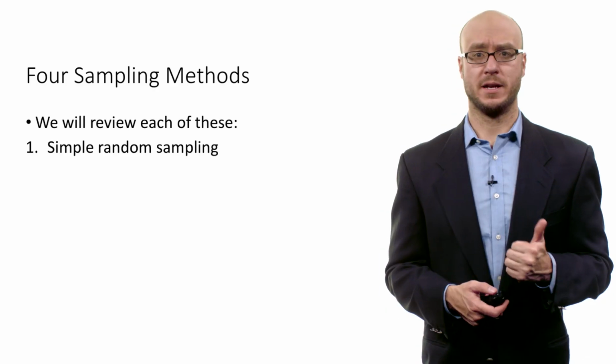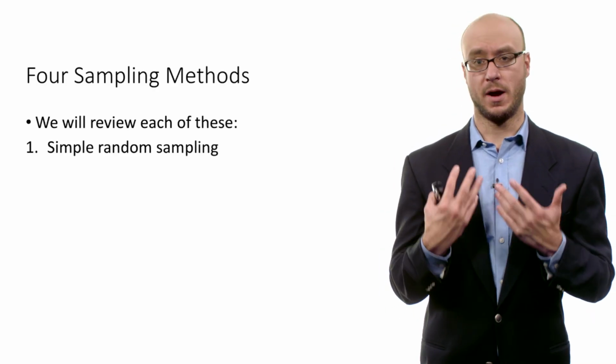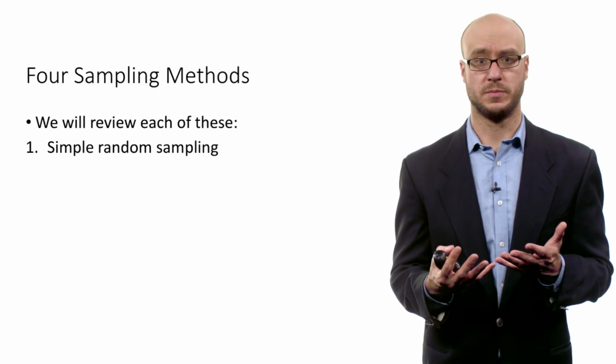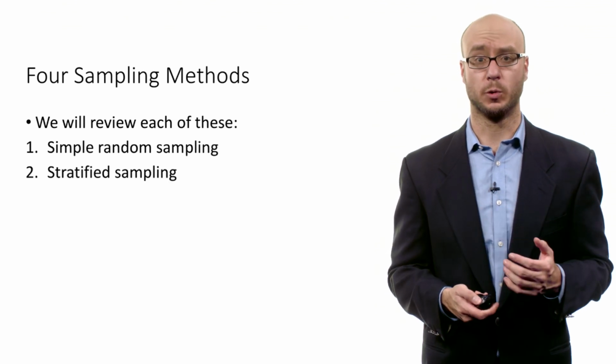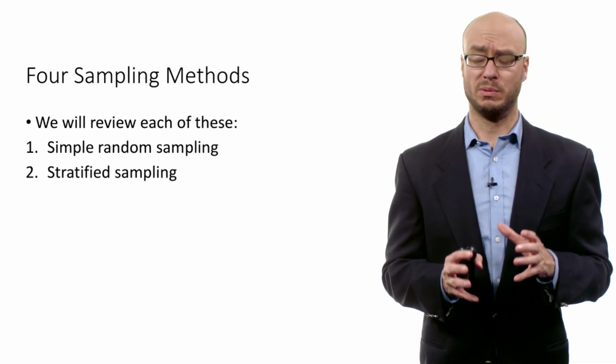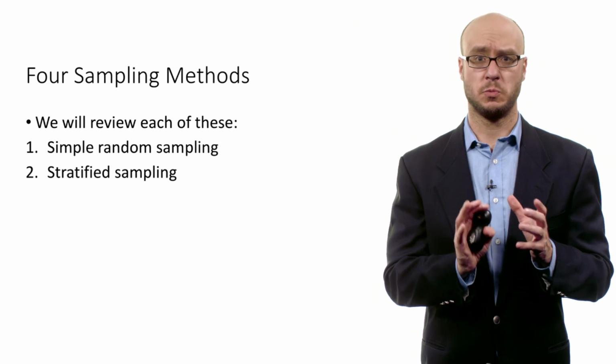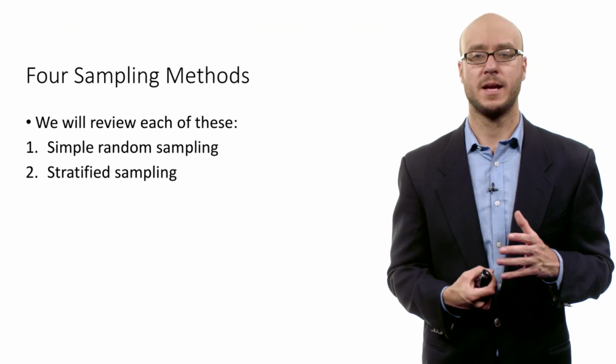So we're going to talk about 4 sampling methods. These are not the only sampling methods you'll encounter, but they're very common. So first, we're going to talk about simple random sampling. This is probably the most intuitive for most people. It's the most common. It's the most straightforward. But it has some problems, and there are reasons why people have used other sampling methods.